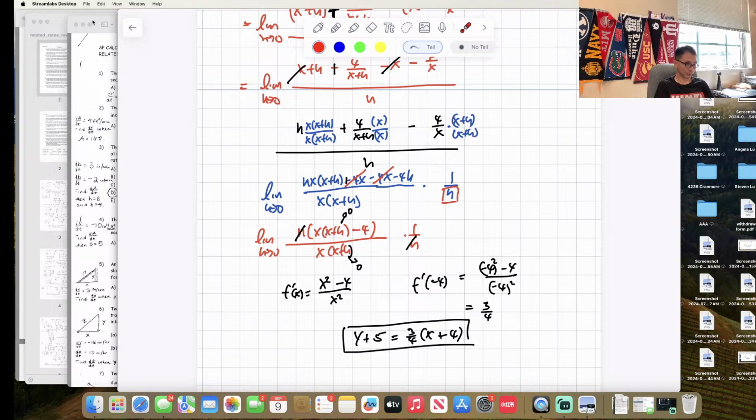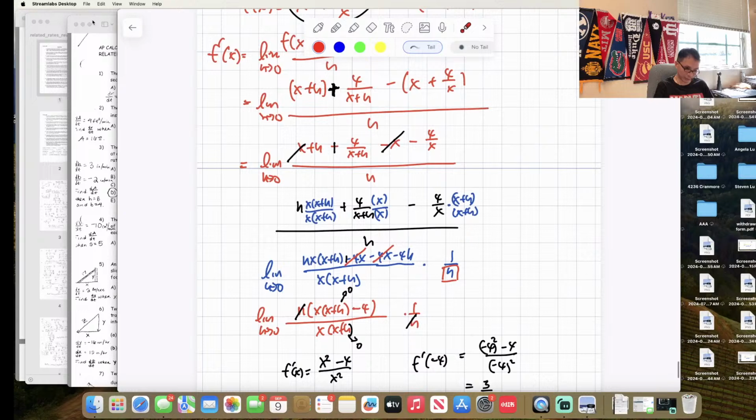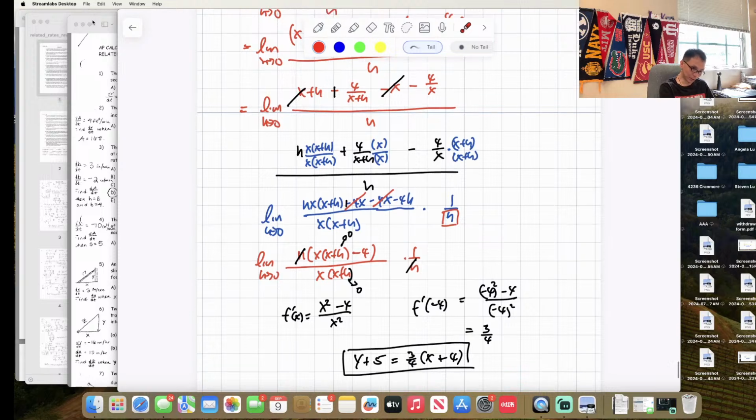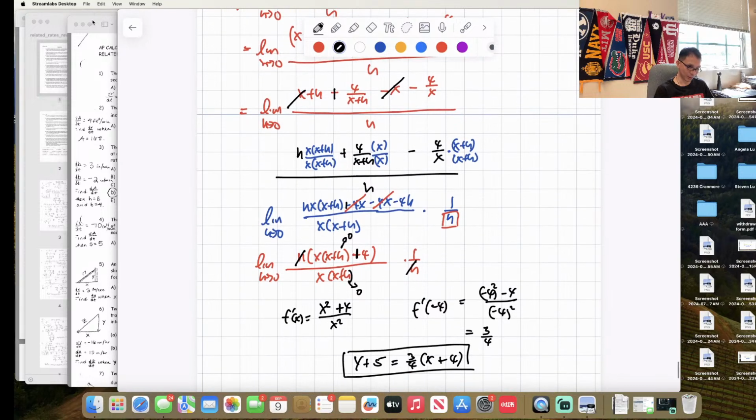Wait, and you're plugging in the negative 4. Is that plus 4 or negative 4? Sorry, this is a plus 4. What question is it? Is it plus 4 here? Okay, I'm so sorry. I'm confused.